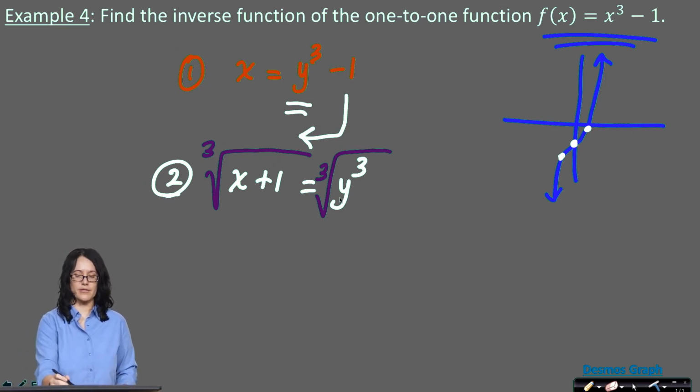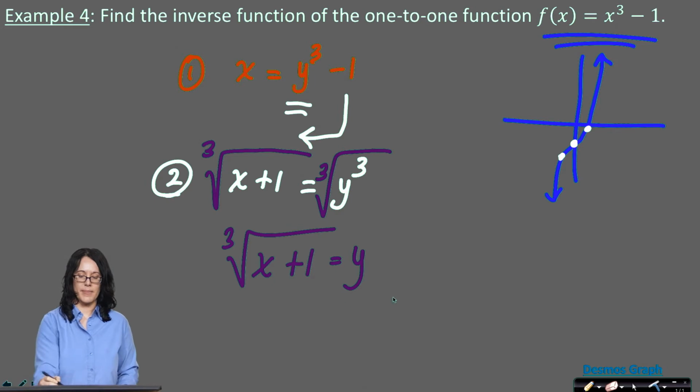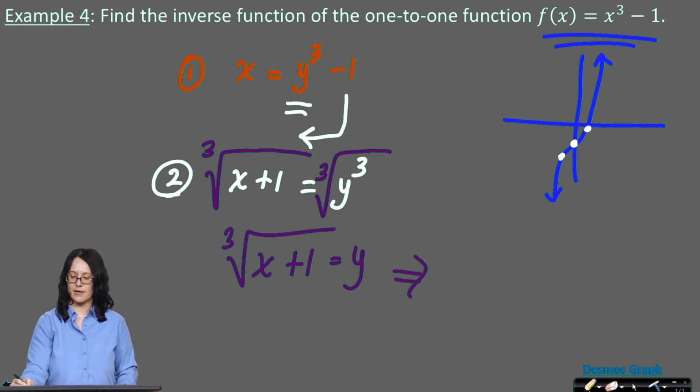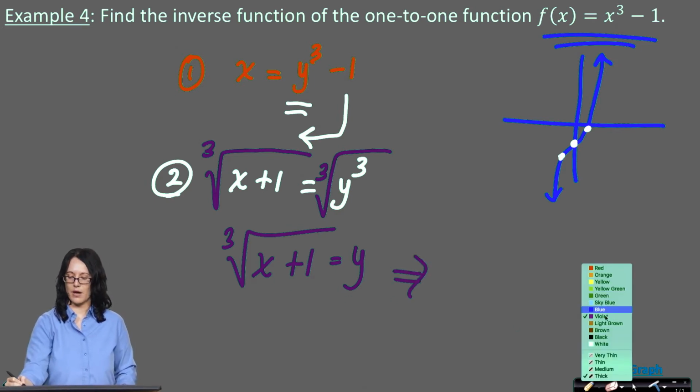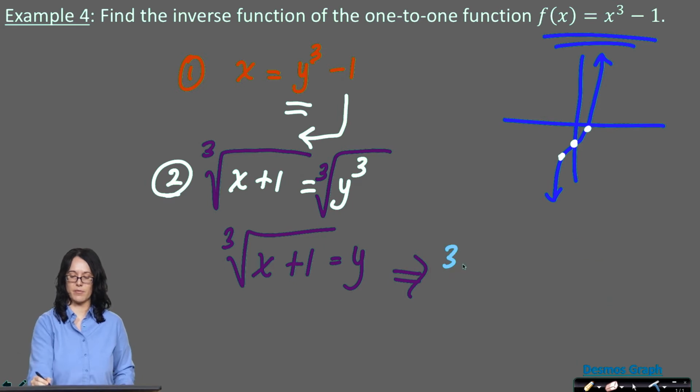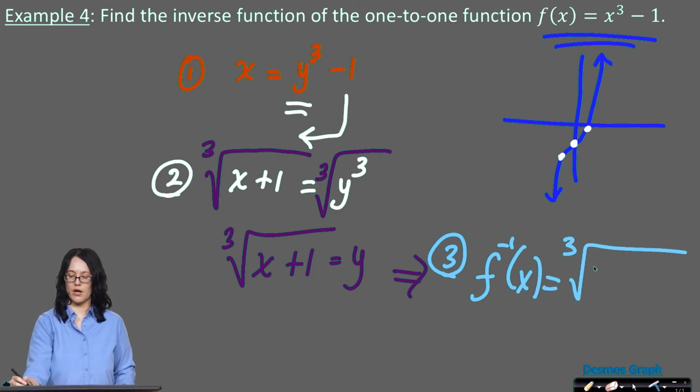So this final answer would just be y should equal the cube root of whatever your input x is, and then add 1. But the way we're going to write that, we said, is that we're going to now call y our f inverse. So step 3, replace y with f inverse. F inverse of x should just equal the cube root of your input plus 1.